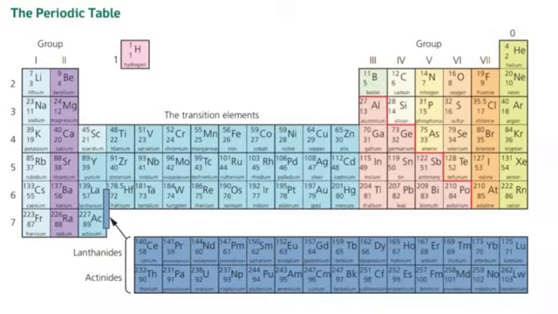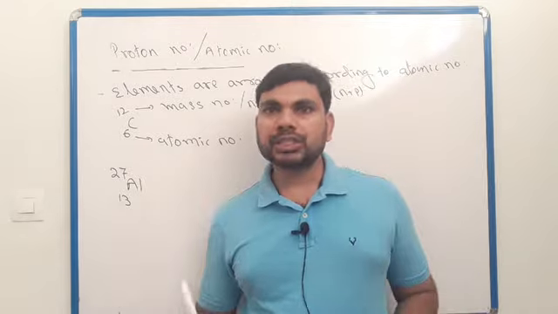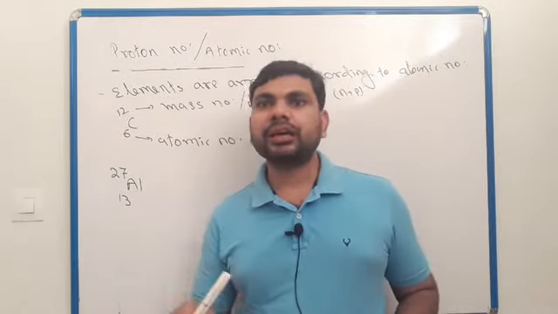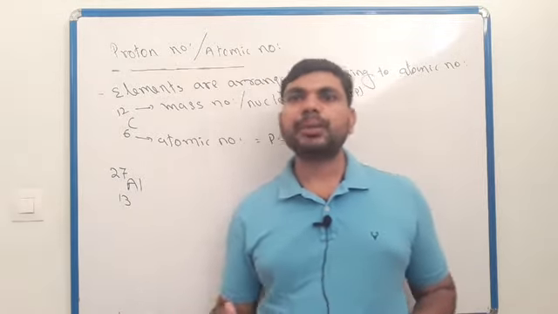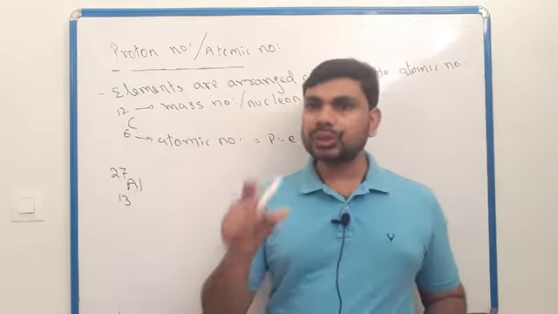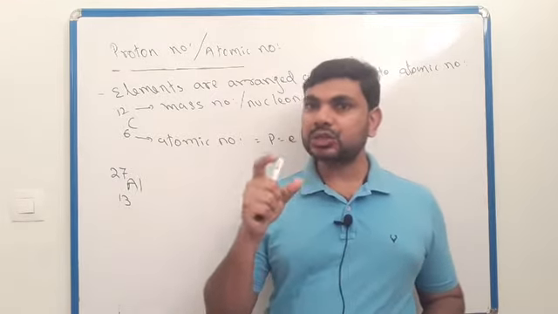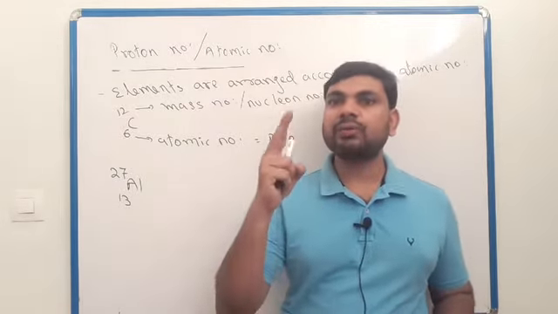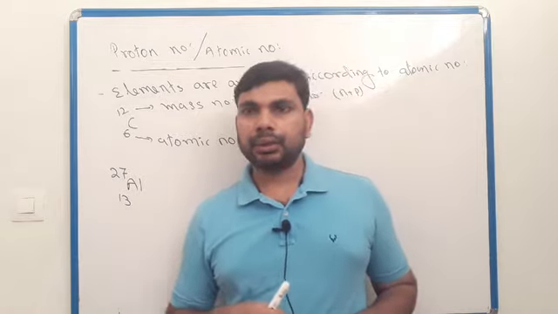I told you before, you can see many symbols of elements with their names. Also, the symbols of elements come with 2 numbers.